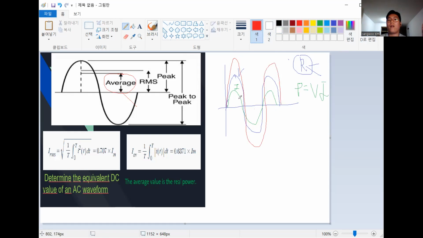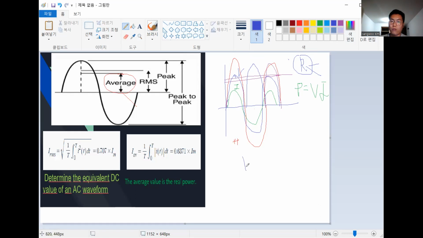Look at that, here VI is a plus value, so it's going to be a plus value, right? And here, minus times minus, it's going to be plus. So actually it's going to be here, and plus here. And from this value, we need the mean, the average value, which is the active power.